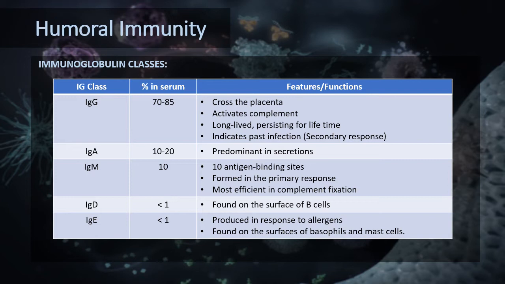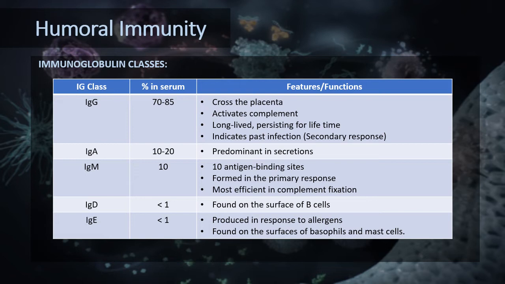So we have here the immunoglobulin classes, their composition in the serum, and their features and functions. We can use the acronym GAMDE, which represents the order of concentration of these immunoglobulin types in the serum.